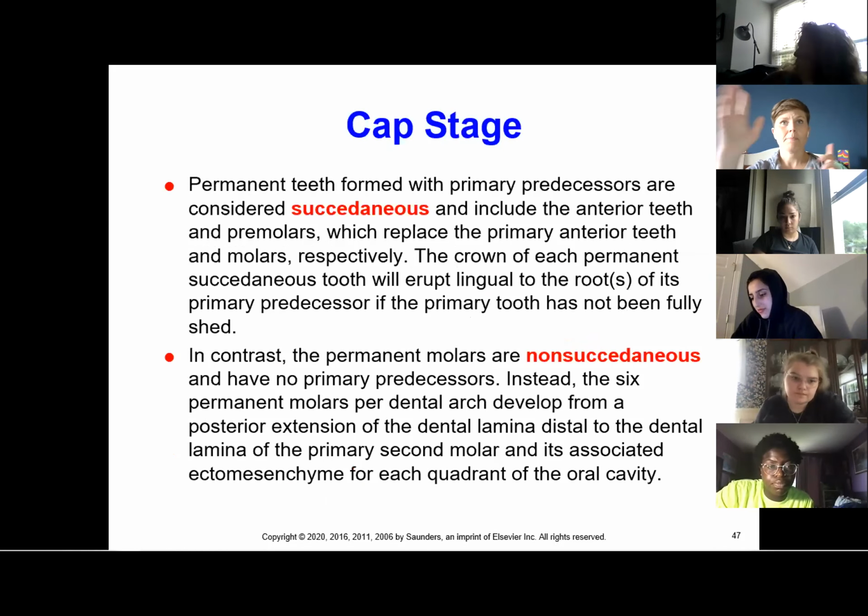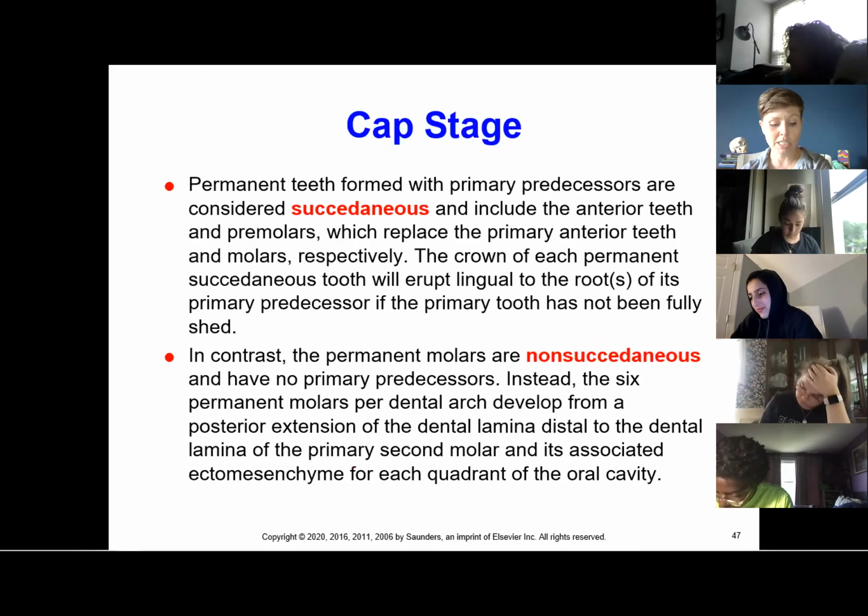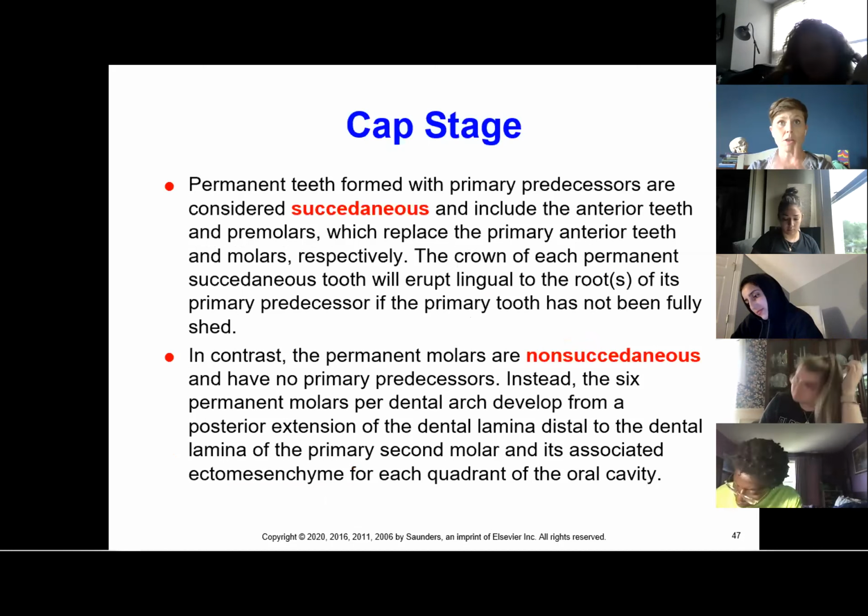Permanent teeth formed with primary predecessors are considered succedaneous and include the anterior teeth and the premolars, which replace the primary anterior teeth and the molars respectively, right? So your baby teeth, you have 4 anterior teeth, your centrals and your laterals, then you have your canines, and then you have your baby molars.